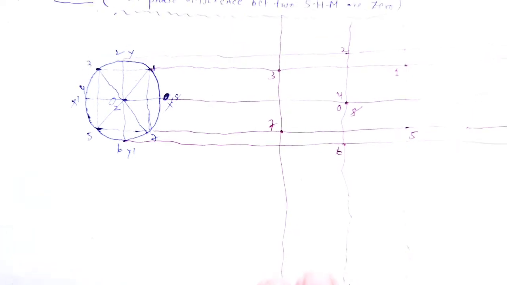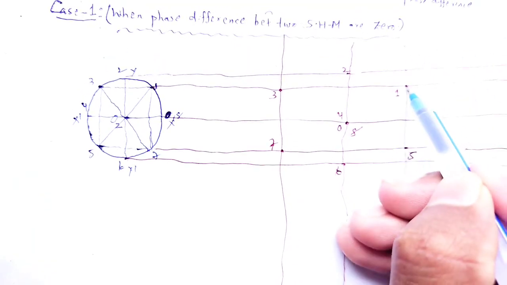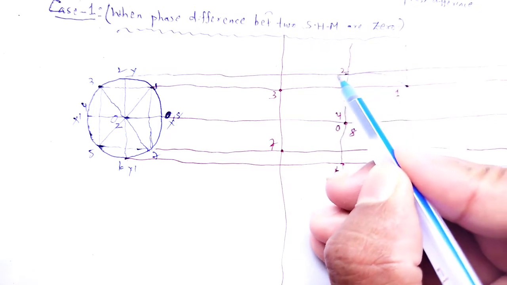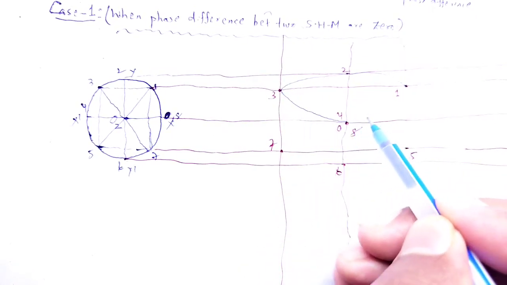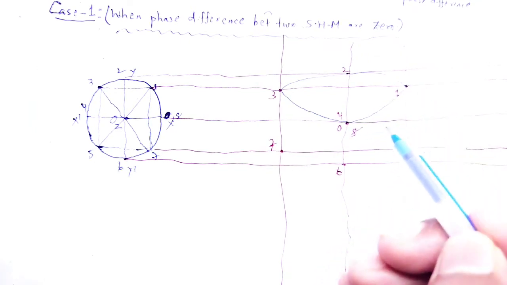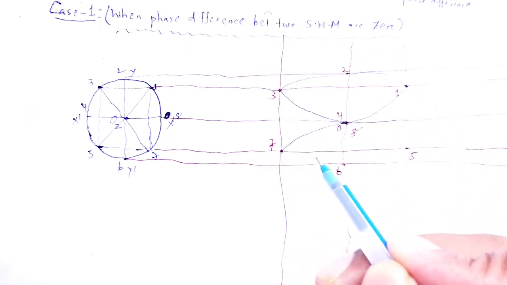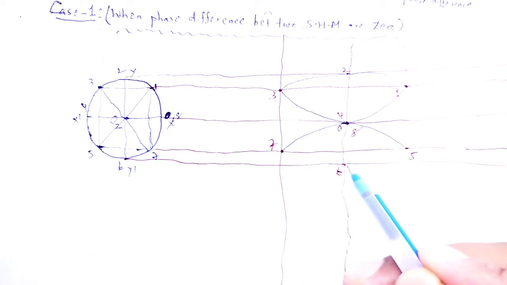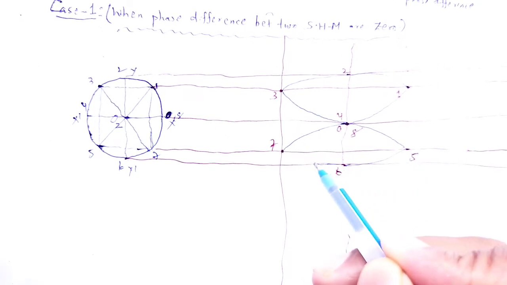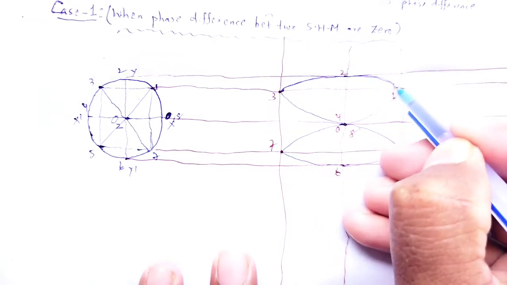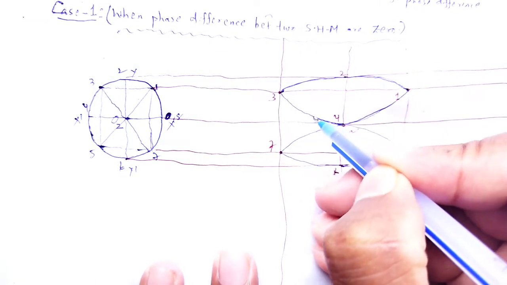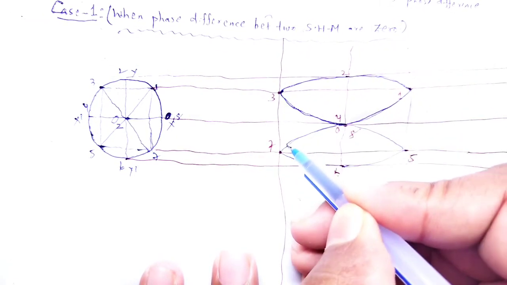Now I join these points 1, 2, 3 to 4, and 7, 8, 5. So the figure is just like the shape of 8.